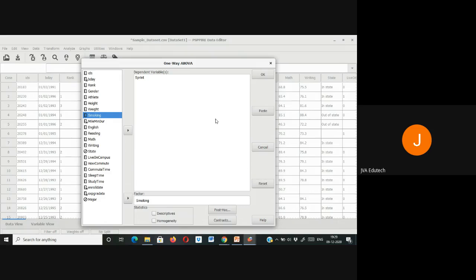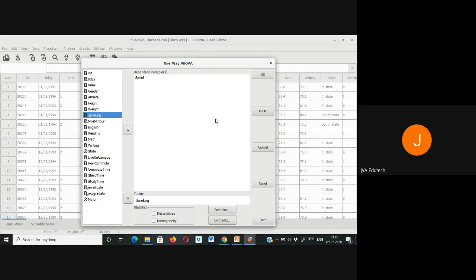But we also want to know which group differs from which group. Overall, it will tell you that all three groups have a different effect on sprint. Non-smokers will have different sprint time, past smokers will have different sprint time, and current smokers will have different sprint time. But which one is significant with the other?